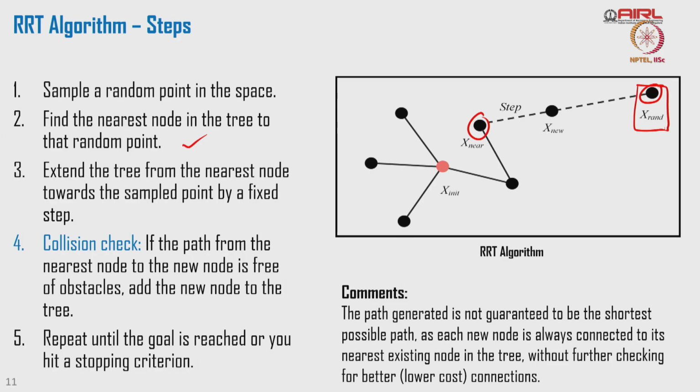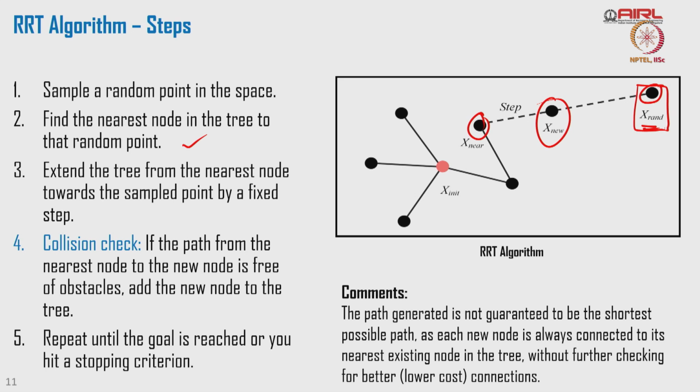And then it checks the collision. If the path from the nearest node x near to the new node x new is free of obstacles, then add the new node to the tree. Then it repeats until the goal is reached, or you hit a stopping criterion, by previously setting up up to what point you will run the iterations.